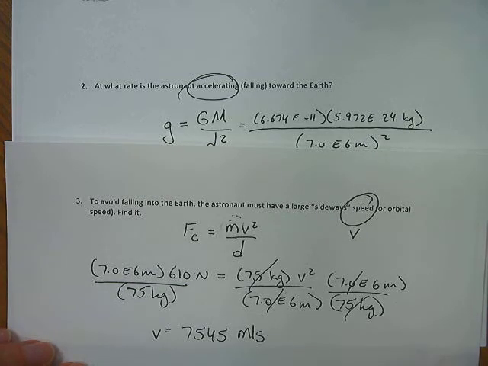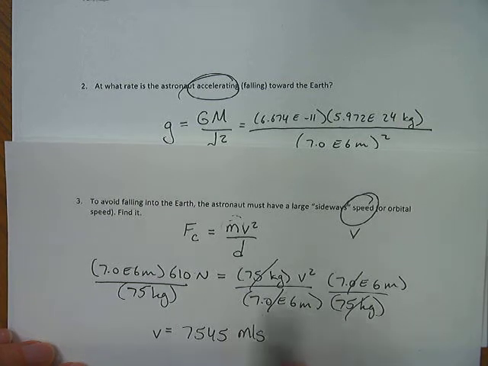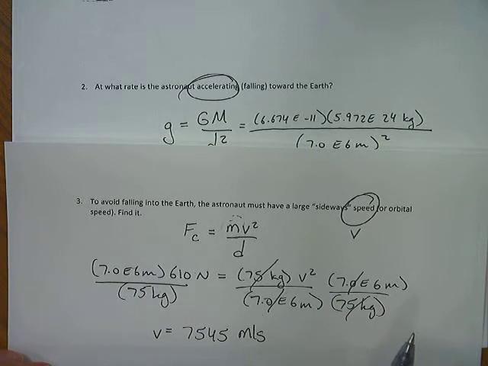Okay, so this times this divided by this equals v squared. Then I want to take the square root. And when I take the square root, I get a speed of 7,545 meters per second.